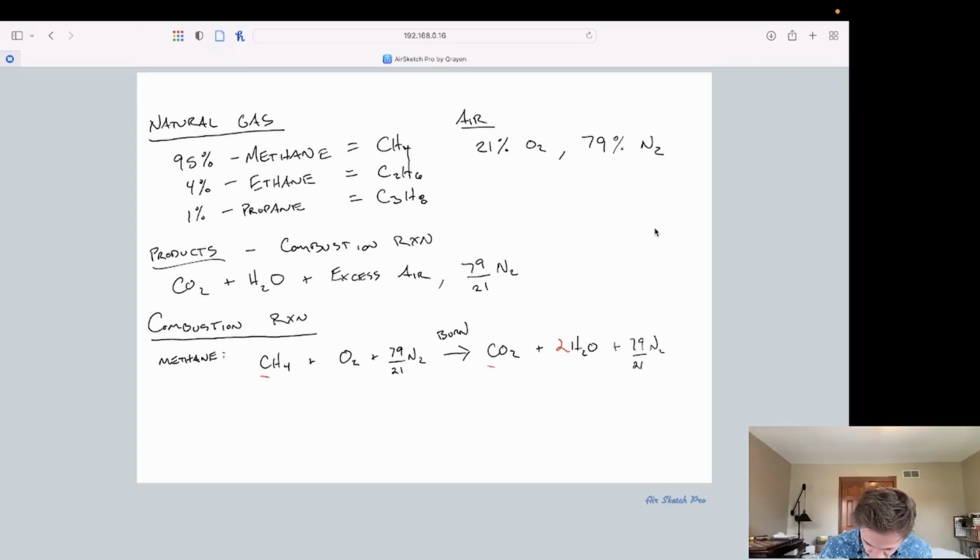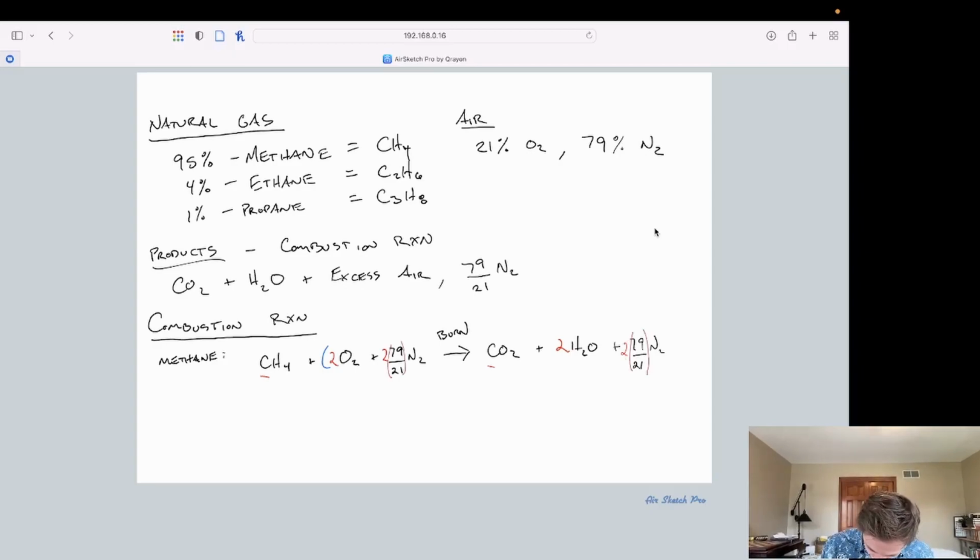Then we have 2 oxygens, 4 oxygens, giving us 4 oxygens on this side. But we have to also remember our excess air. I forgot to include that if there's 2 of that, there's 2 times this ratio here. Let's do that.